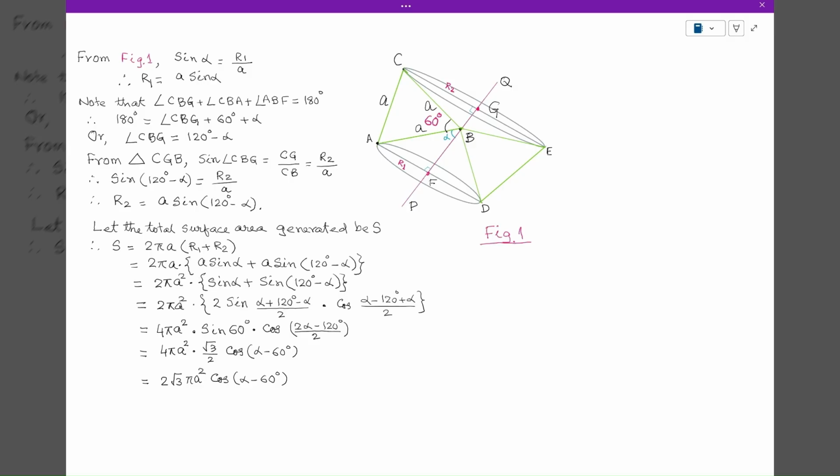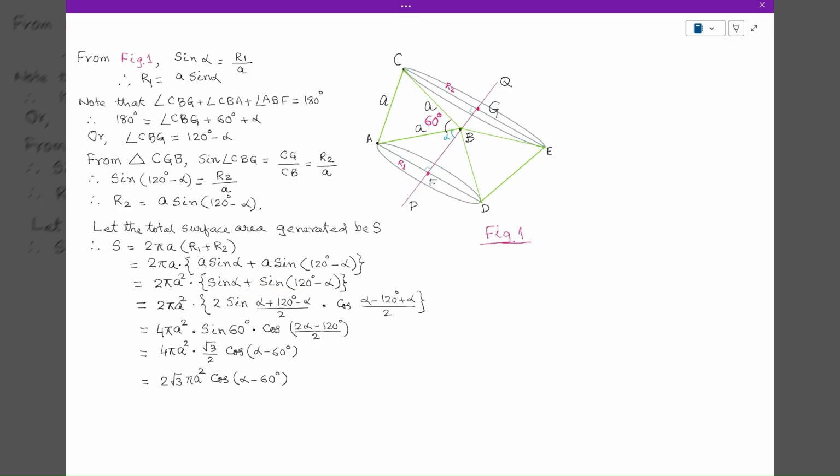Now, sin A plus sin B is equal to 2 sin of (A plus B) by 2 multiplied by cos of (A minus B) by 2. So, here this is sin A and this is sin B. Therefore, the quantity within the curly bracket here is 2 sin of alpha plus 120 degrees minus alpha divided by 2, that is half of the sum of the two angles, multiplied by cosine of half of the difference of the two angles.